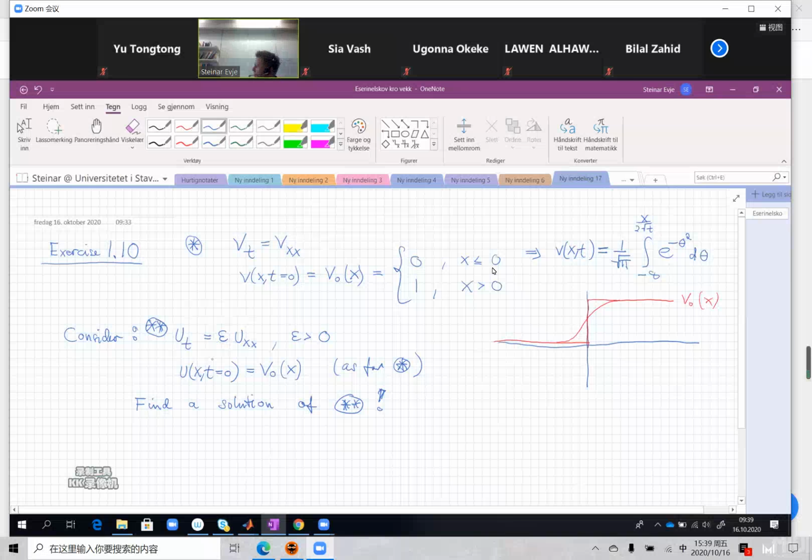We have discussed this when we constructed the solution of this heat equation.